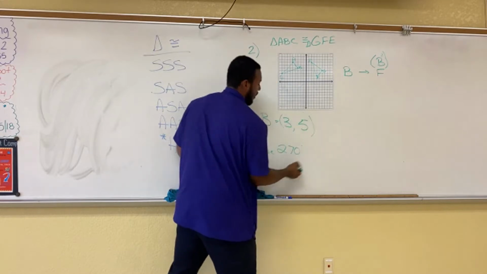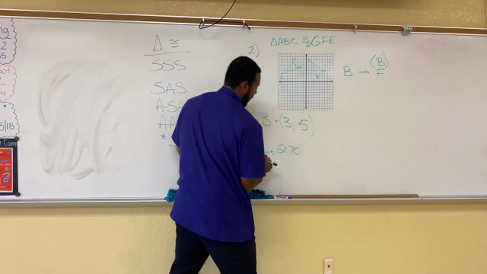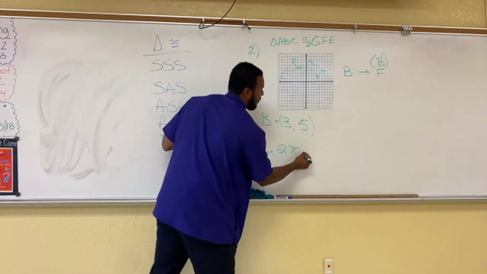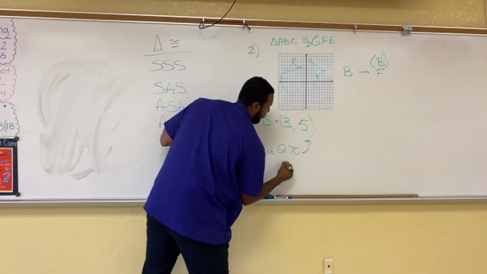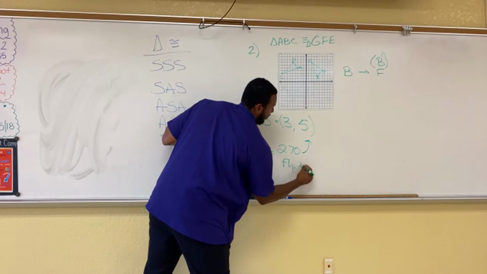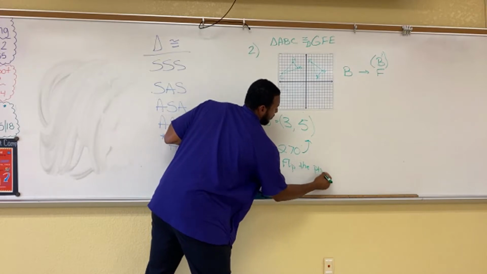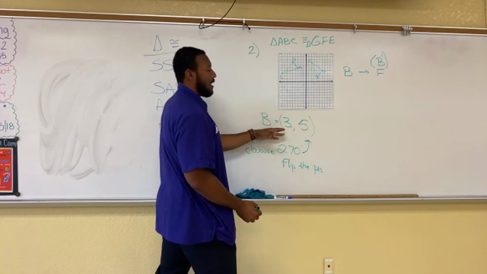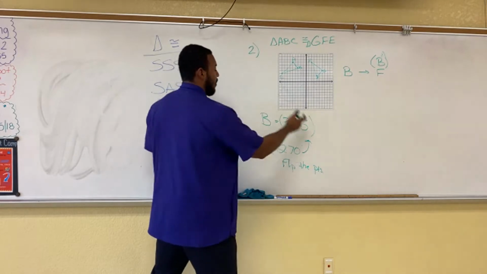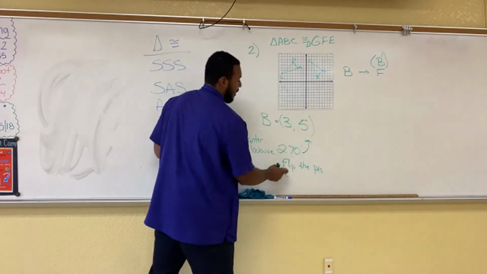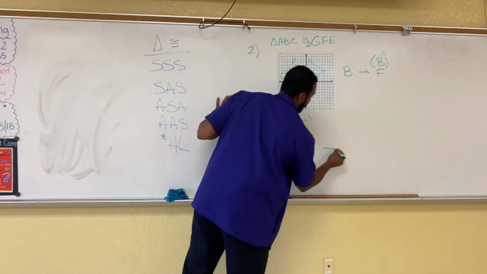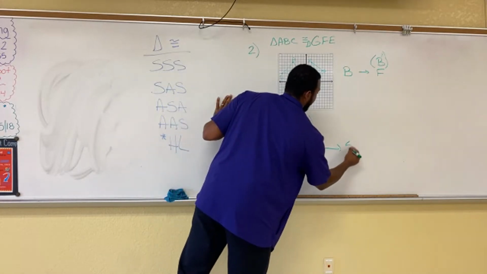Okay, awesome, good. So for a 270 counterclockwise rotation, you just flip the points. Once we rotate B, which is at 3, 5, we end up at a new point, which is going to be 5 and 3.